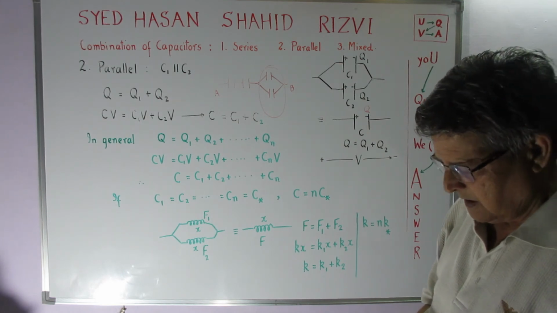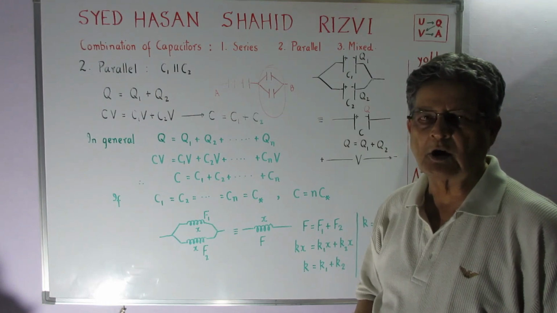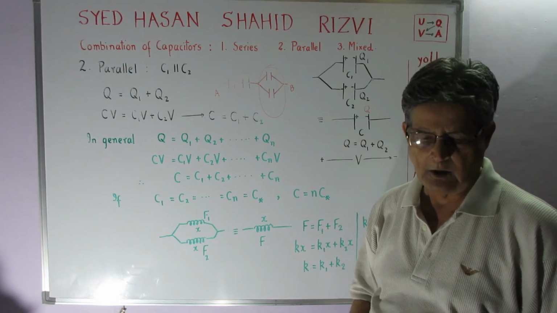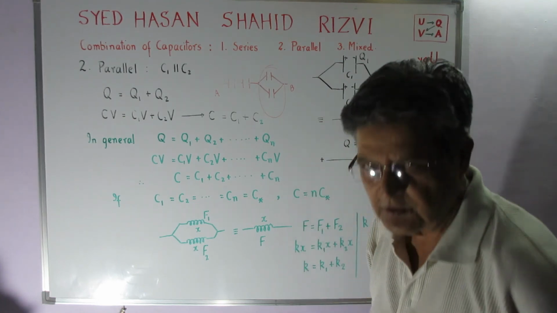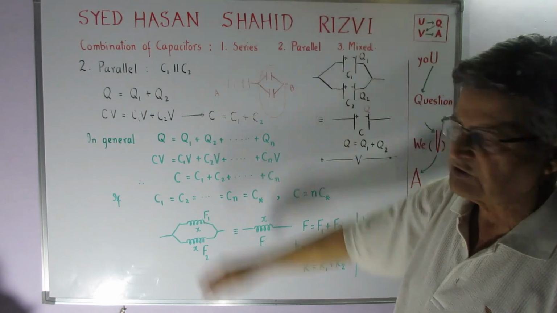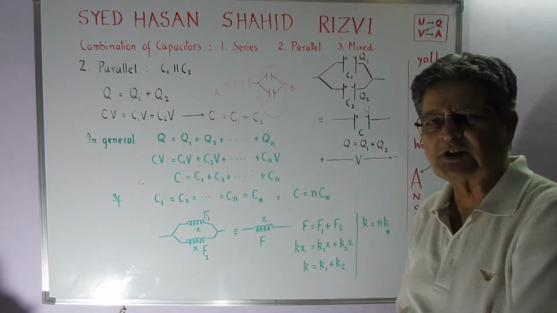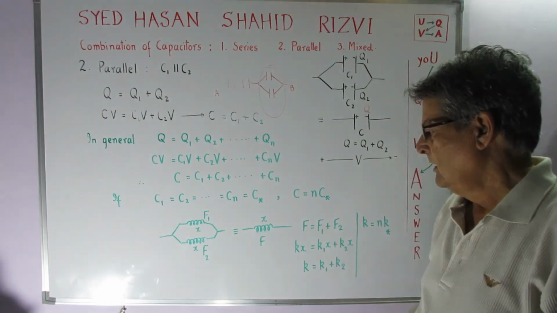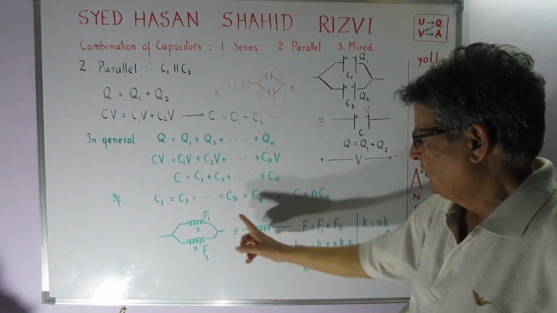The next lecture will be about problems regarding the combination of capacitors. Okay, and we'll do it fast enough with your help, provided you understand the series and the parallel combinations like this, and similar things we'll do again. Like here I've done the parallel case of the springs.